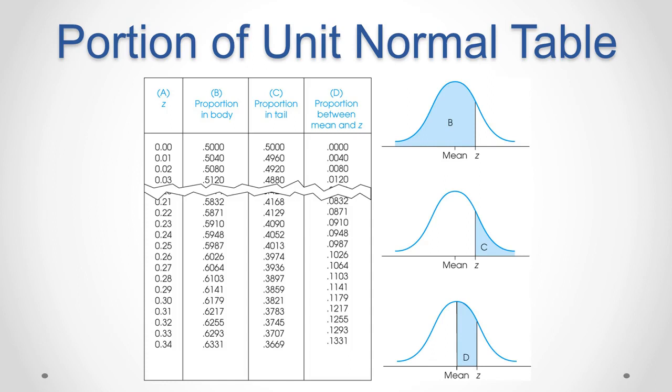The fourth column, D, identifies the proportion between the mean and the z-score. The area is given in terms of proportions, which can be converted to percentages. The unit normal table can be used in three ways: 1, to find the probabilities from z-scores; 2, to find z-scores from probabilities; and 3, to find percentile ranks.